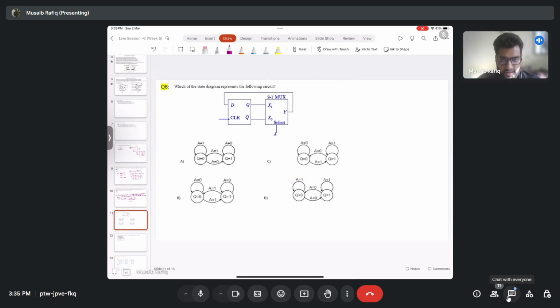Now I have this question. I want you guys to solve it first and then I will show the solution. It should take 2 to 3 minutes. So I'll read the question. Which of the state diagrams represents the following circuit? A circuit is given to you and you need to just find which state diagram correctly represents it. Just do it.